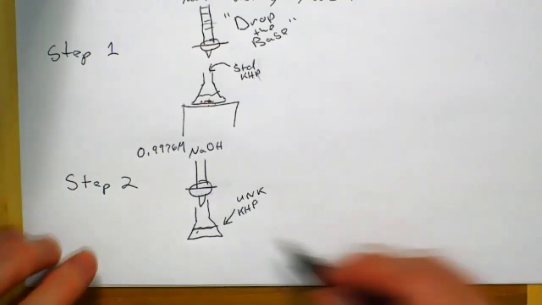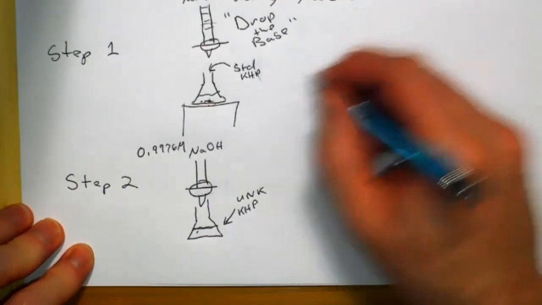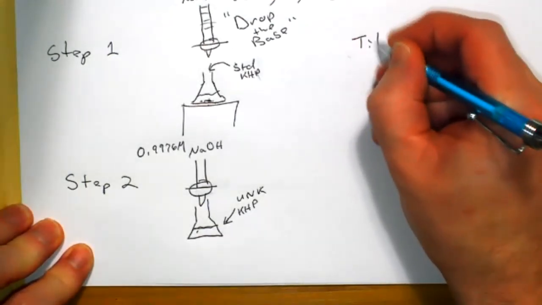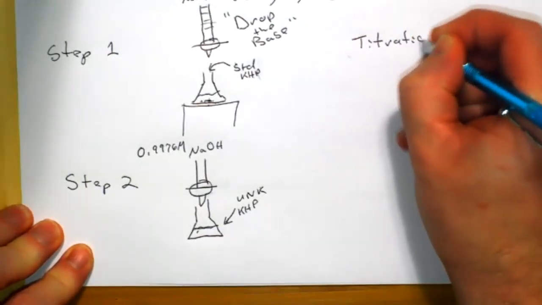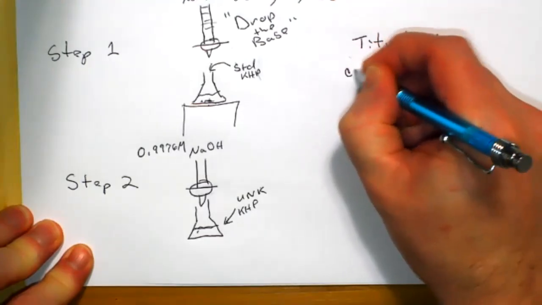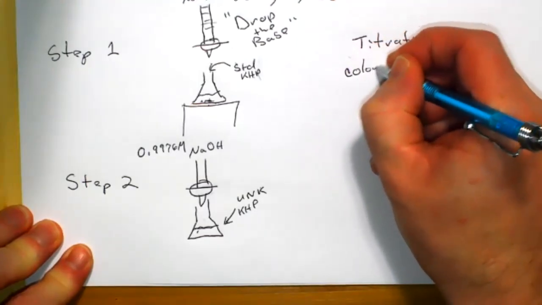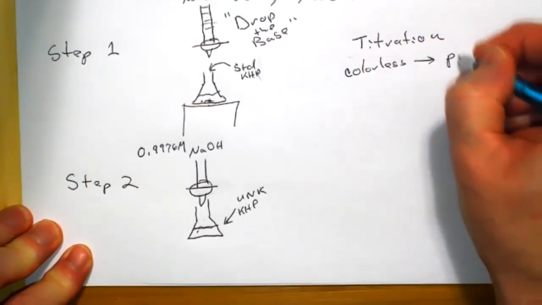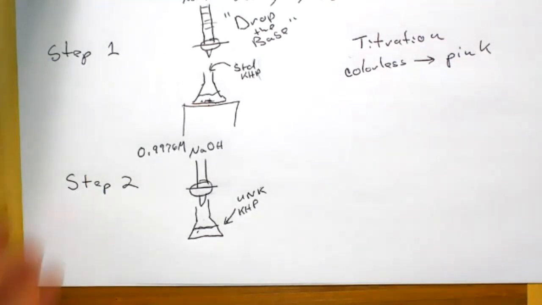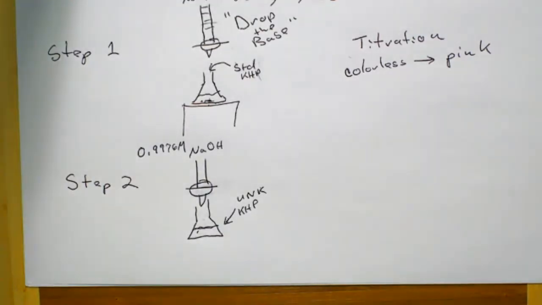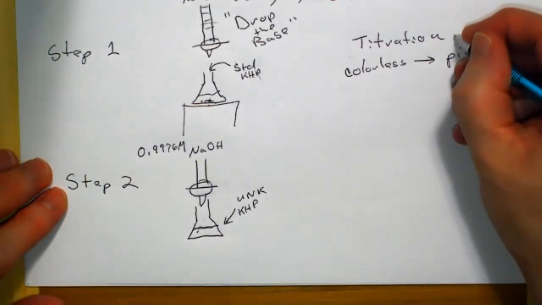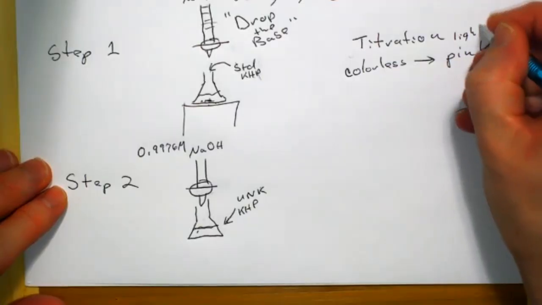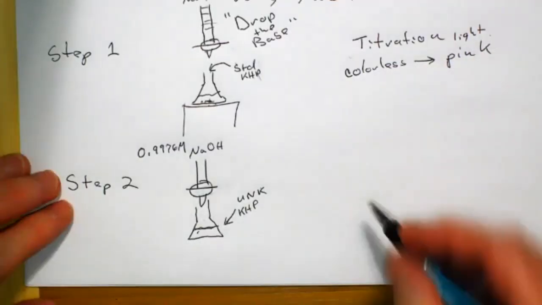The same titration. We go from colorless, so clear, to pink. Not everybody knows, but a lot of people know, we just go to light pink, because we want to match it.